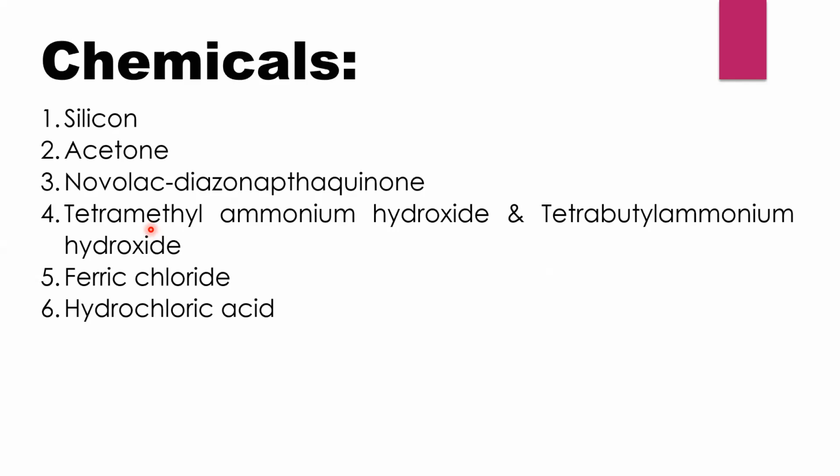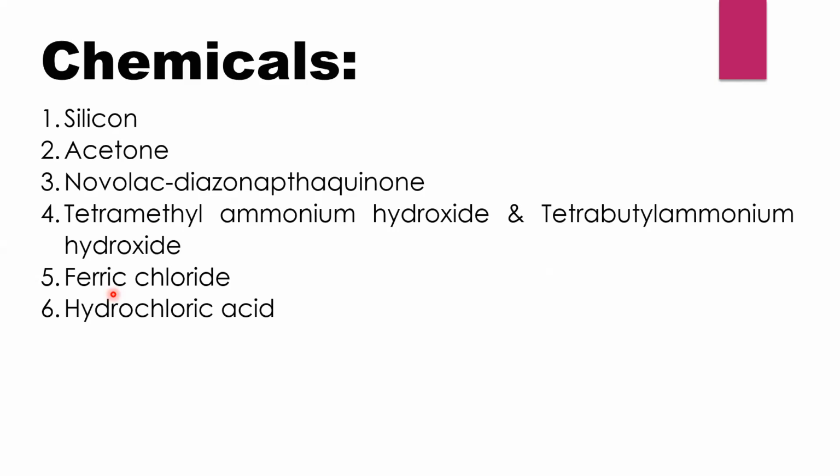Next, coming to the next chemical, ferric chloride, followed by hydrochloric acid, and even the water. The combination of these three is used as the etching solution, which is used for the etching operation. What the etching operation is, and what this etching solution of ferric chloride, hydrochloric acid and water is used for, you are going to understand during the experimental procedure.